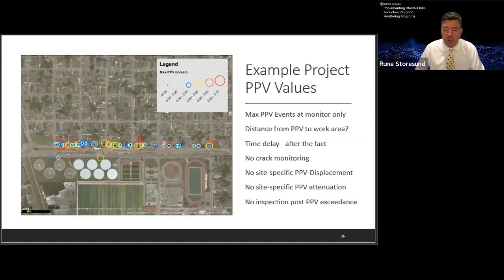What was the propagation of the vibrations from the actual source to the adjacent structures? Was there any monitoring of cracks to correlate PPV values with crack movements? And the dissemination of the PPV values with a manual-based approach is also limited to the responsiveness and attentiveness of the individual who's overseeing the vibration monitor.